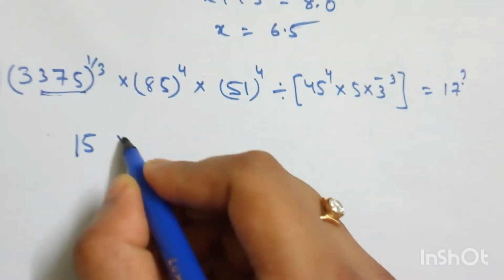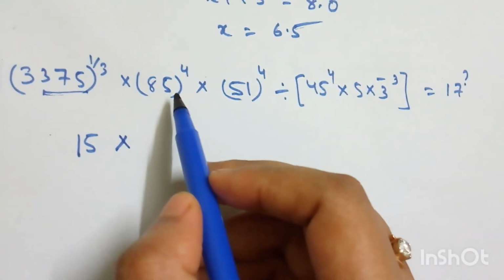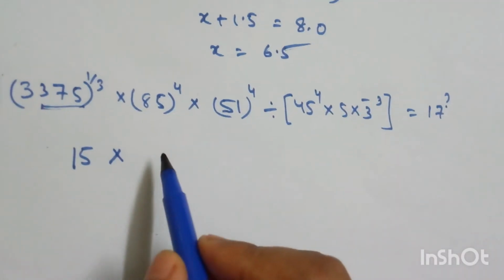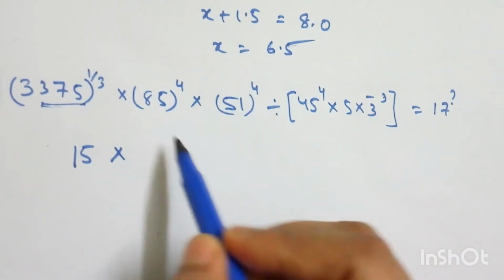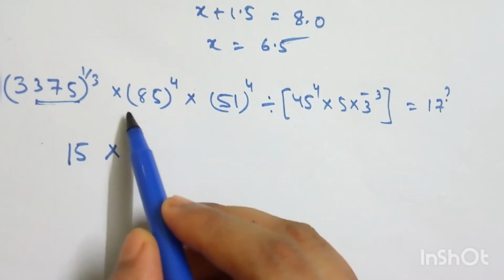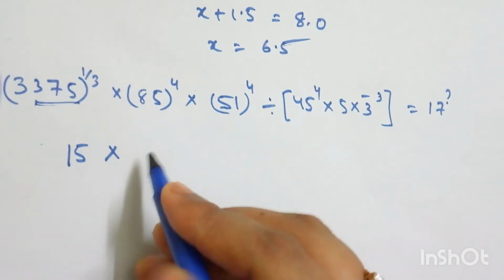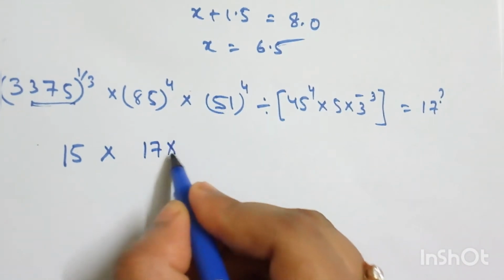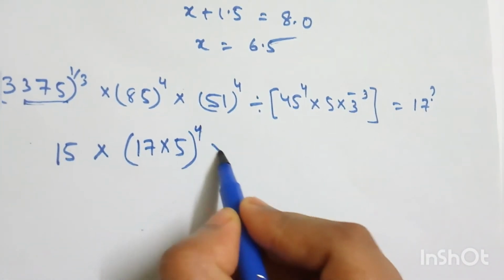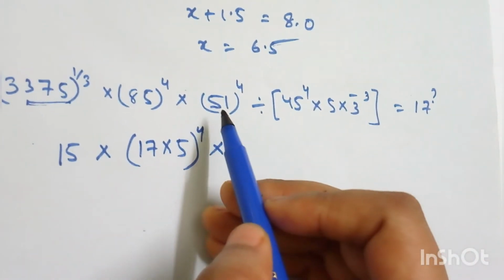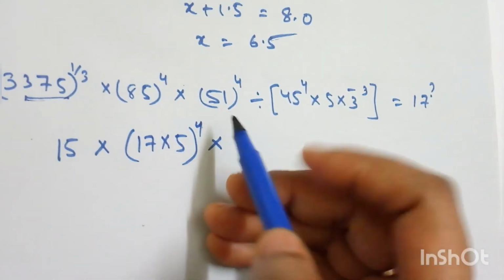15 into 85. We know that in the left hand side we can get 17 to some power, so is 85 divisible by 17? We get 17 into 5, it is 85, whole to the power 4. Somehow 17 into something will be 51.